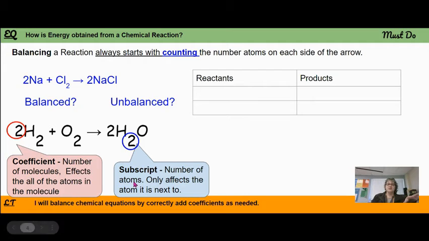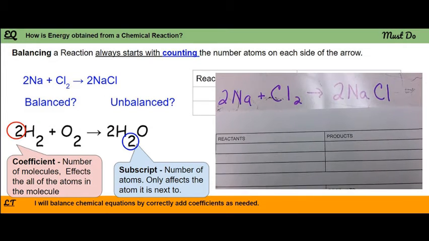The subscript is the number of atoms, and it only affects the atom next to it. So this 2 only applies to the hydrogen, and we never want to change that, or we would not have water anymore. So when we move on into balancing, make sure we're only working with these front numbers. But you do need to understand how to use the subscript.